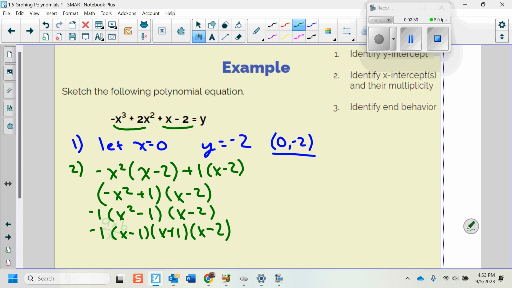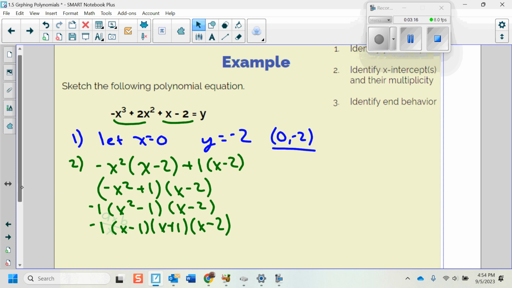That tells me I definitely have values that give me my zeros. My zero here is 1.